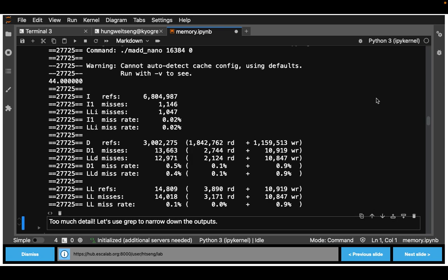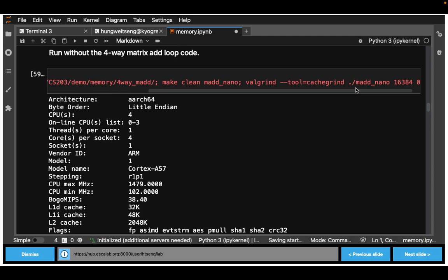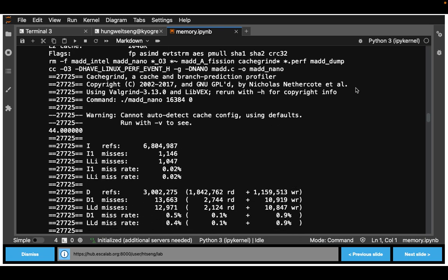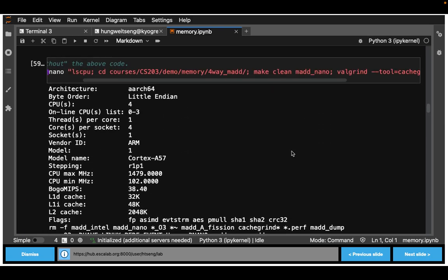It's kind of interesting because Valgrind can only profile the miss rate of the whole program. So in the first run, I only profile the code without running that specific loop.